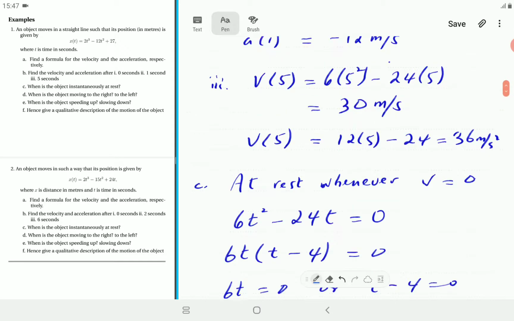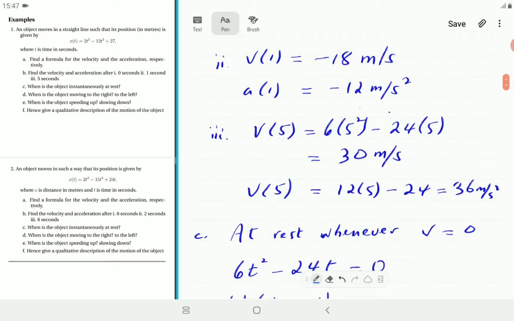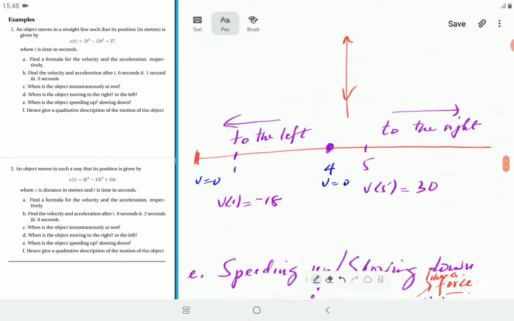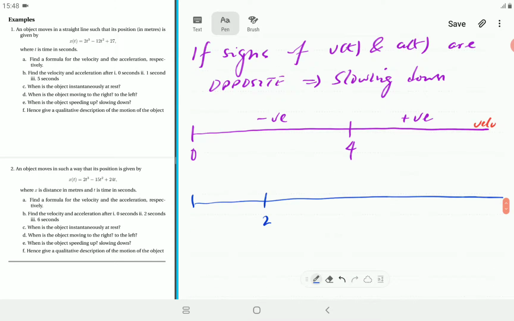We worked it out here. So after 1 second it's negative 12. After 5 seconds it's positive. So that means it is negative before 2 seconds, negative here, and then it is positive this side.